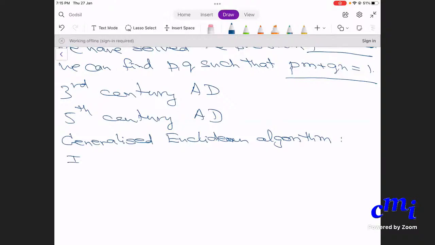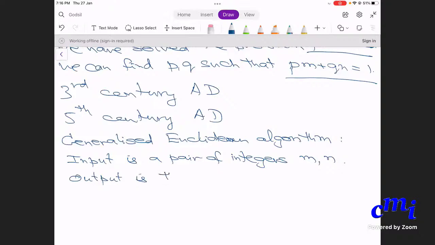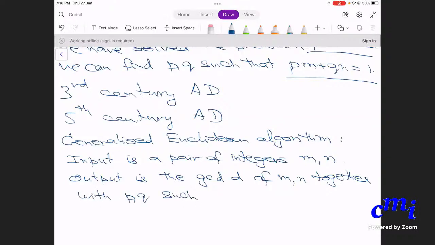The input for this algorithm is a pair of integers, let's say positive integers m and n. And the output is the GCD of m and n, together with p and q such that pm plus qn is d.